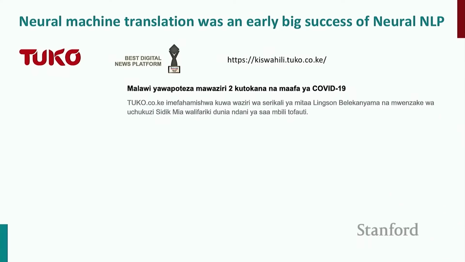Overall, this facility with machine translation just means that you're growing up in such a different world to people a few generations back, right? People a few generations back, unless you actually knew different languages, had no chance to communicate with other people.